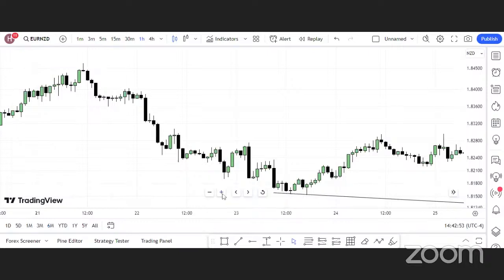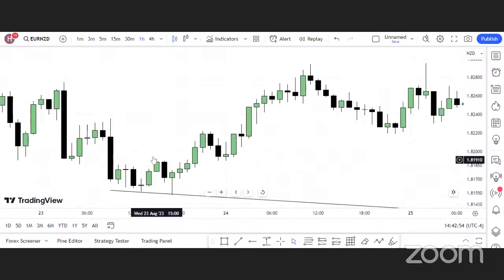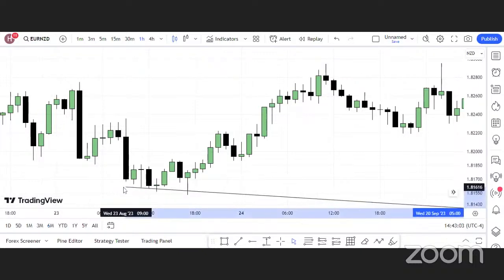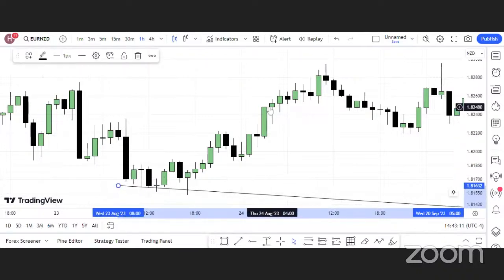Let me zoom in on that. This is a doji also. They are reversal patterns. So when I'm getting this on my support or resistance or my trend lines, they are good reversal patterns, confirming that the market is going to go the direction that I'm predicting it to go.